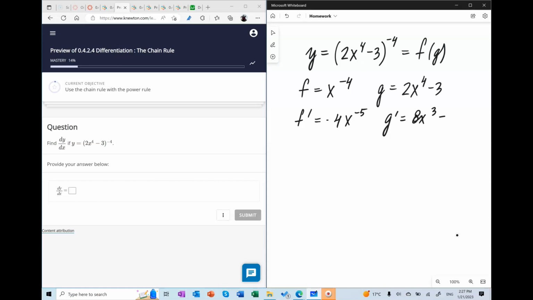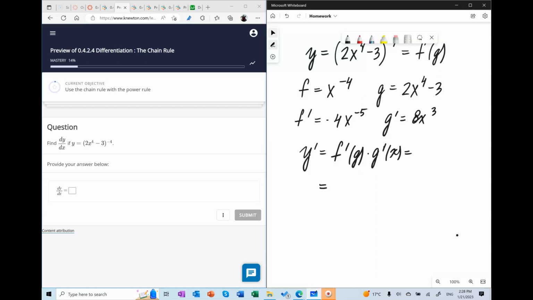And just want to remove that minus here. And now we're going to find y prime using the chain rule. So it's going to be the derivative of f evaluated times g prime evaluated at x.